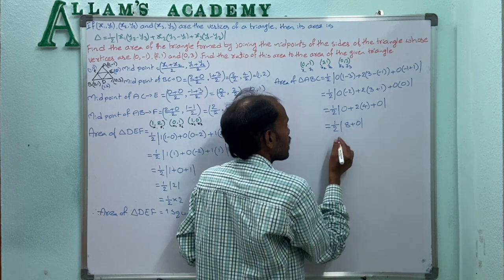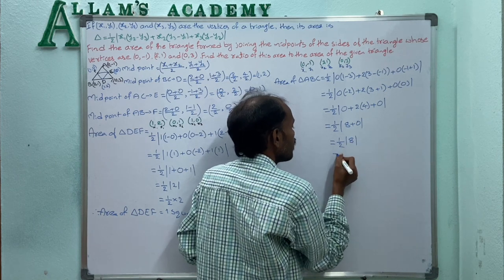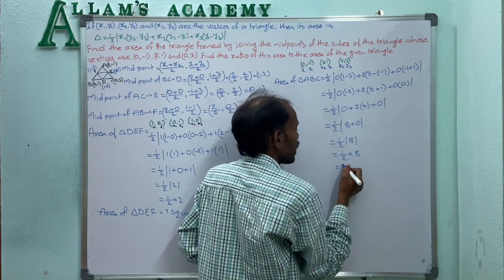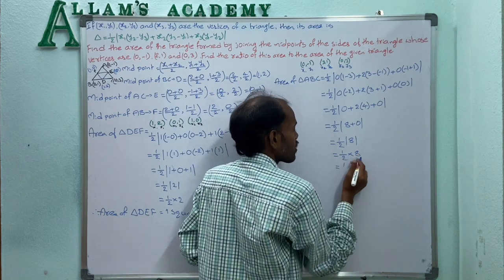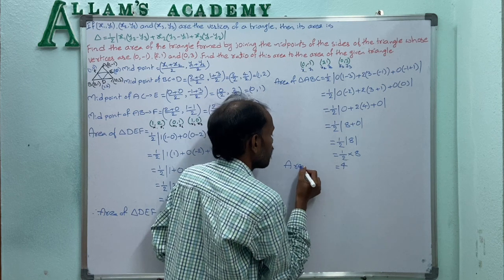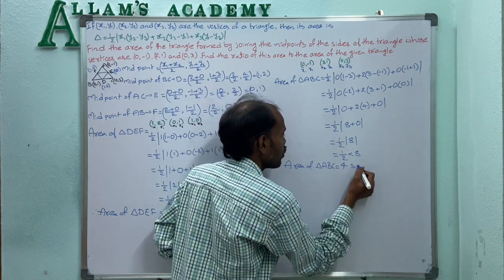So 8 plus 0 is 8. So half mod 8, and mod 8 is plus 8, half of 8 is 4. So the area of triangle ABC is equal to 4 square units.